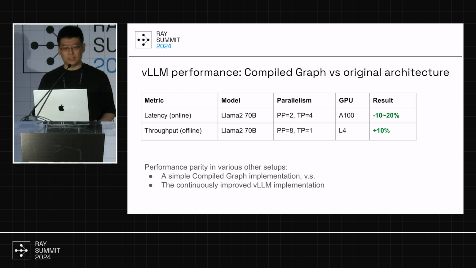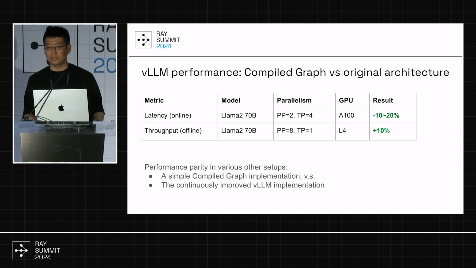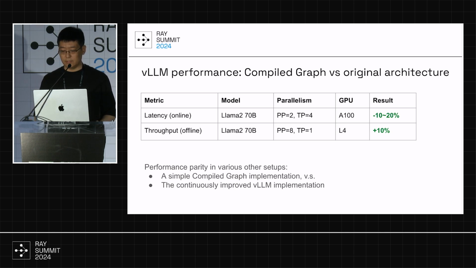We also achieved performance parity in various other setups. Note that this comparison is between a very simple compiled graph implementation and the continuously improved vLLM implementation. This highlights that compiled graphs provide good performance even without manual optimization.